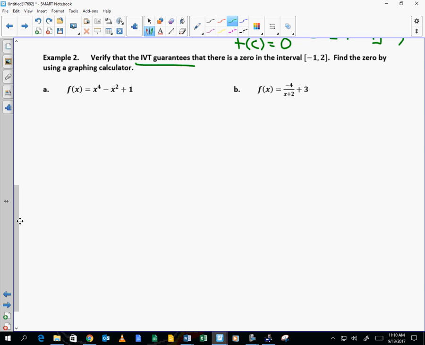So I want to guarantee there's a 0 between negative 1 and 2. So I'm going to punch in negative 1. What do you get? Plug in 2. What do you get? 13. If I want to go from 13 to 1, do I have to cross over 0? IVT does not apply.